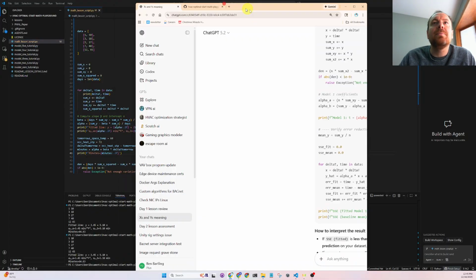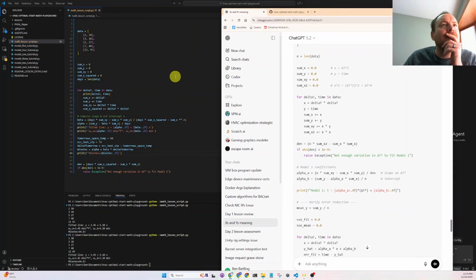Hold up one second. Let's just see here. We do have a little bit different coefficients here. So n times, I'm looking at this right here.